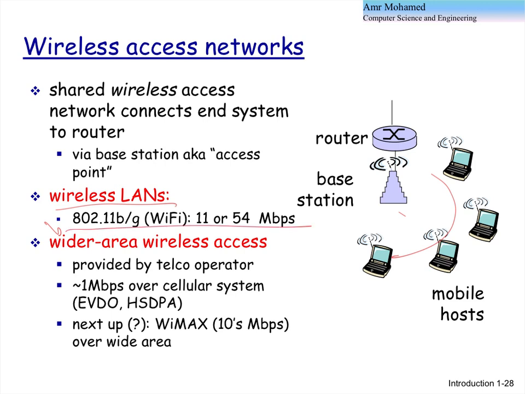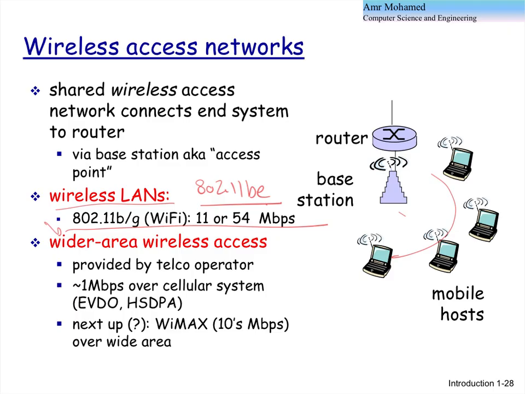In the Wi-Fi domain, nowadays we have speeds that reach maybe several gigabits per second. I think there is a technology, 802.11be, that covers up to tens of gigabits per second on Wi-Fi.